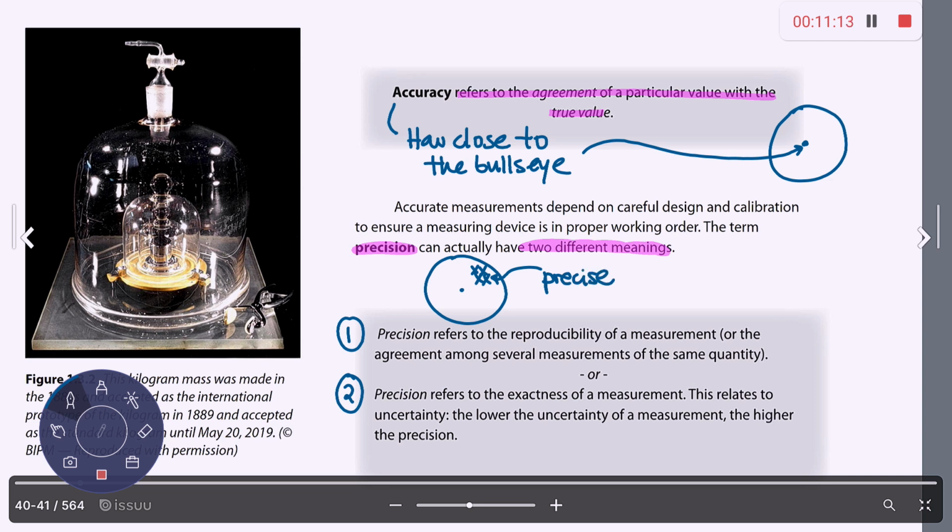In the lab, if you keep measuring things over and over again and keep reproducing the same measurements, they're all close to each other, that would be precise. So the reproducibility of a measurement would be precision. Precision also means how many places past the decimal you are allowed to record a measurement.